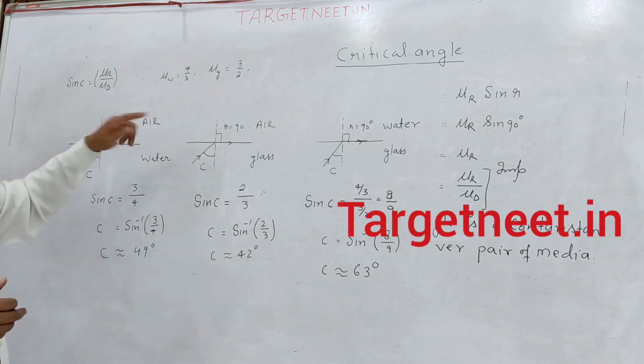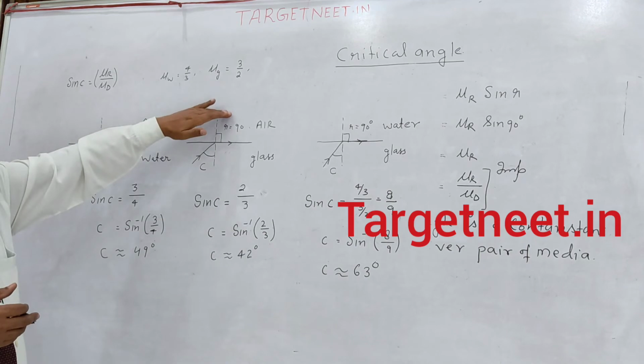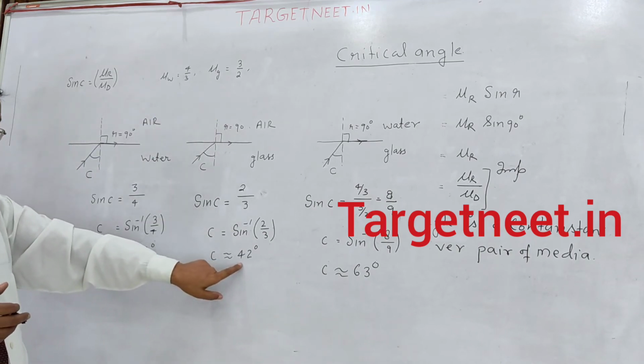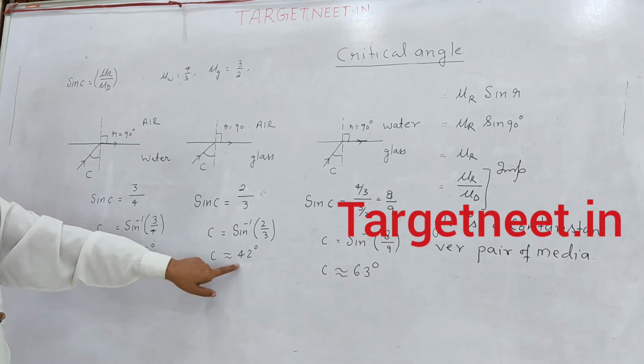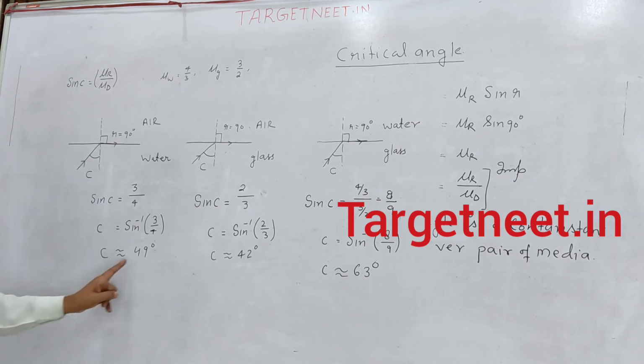Here too, if light is going from glass to air, it will go from glass to air if the angle of incidence is lesser than 42 degree. Similarly, if light is going from water to air, it will go from water to air if the angle of incidence is less than 49 degree.